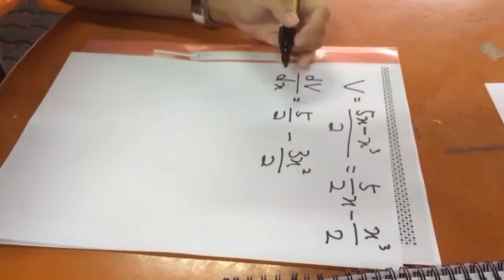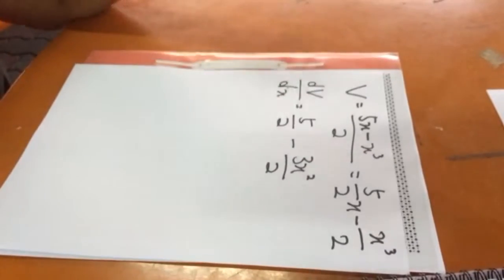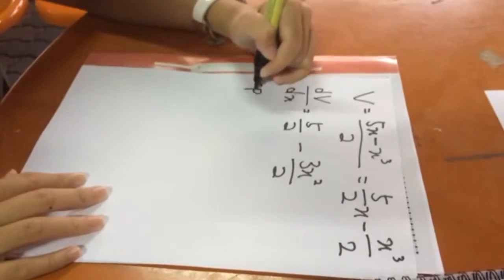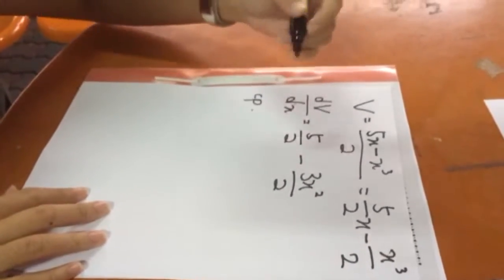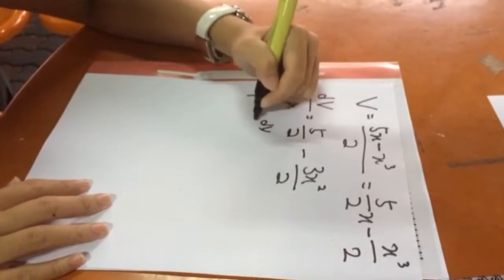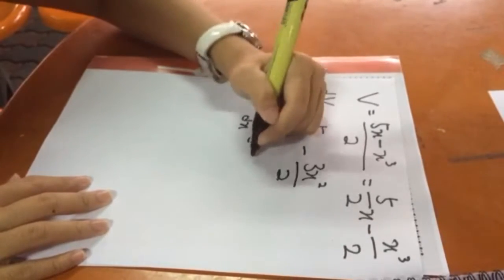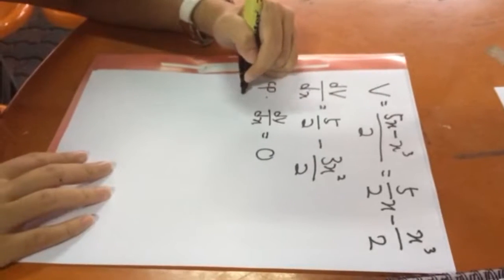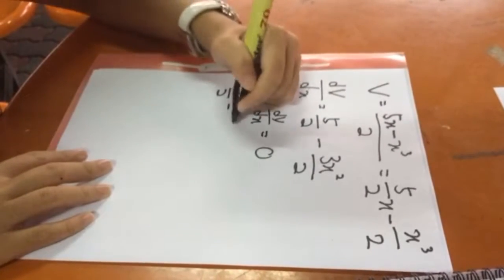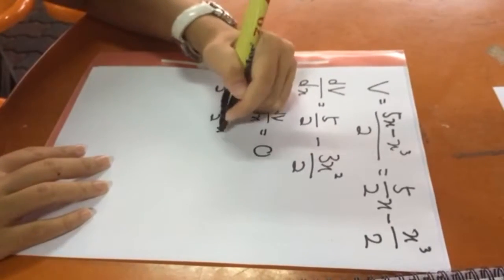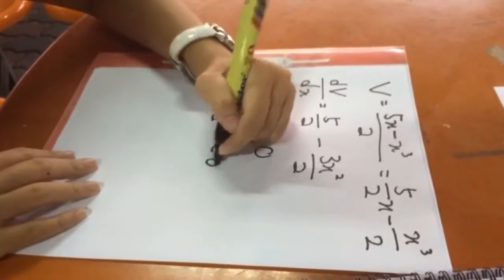This is the first derivative of the volume. If we want to find the critical point, we set dV/dx equal to 0, so 5 over 2 minus 3 over 2 x squared equals 0.